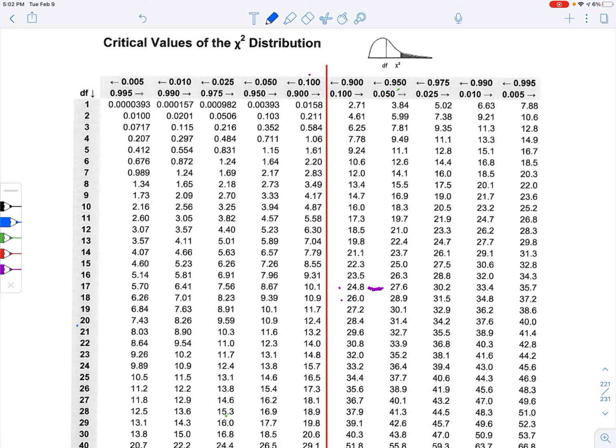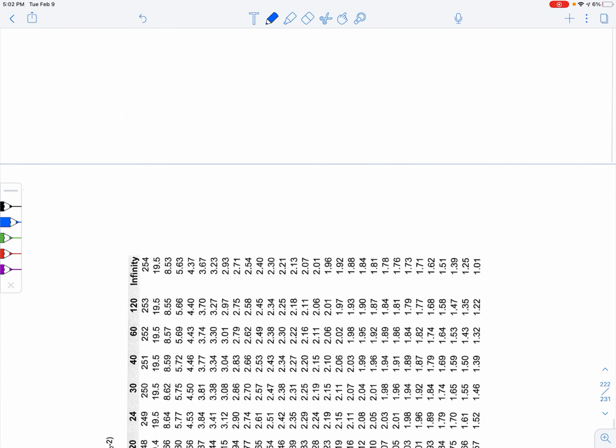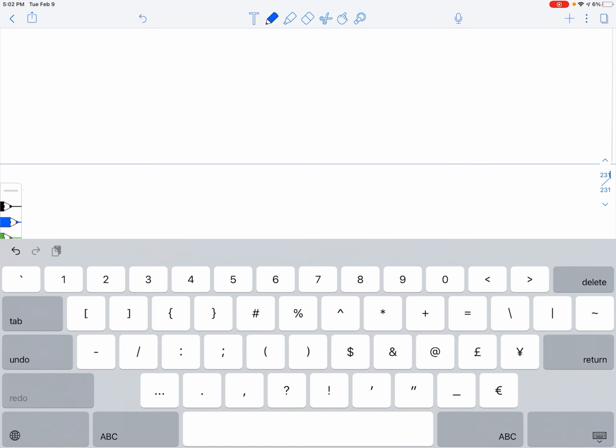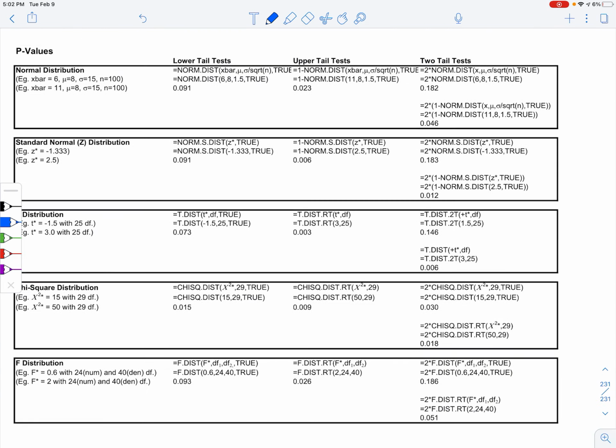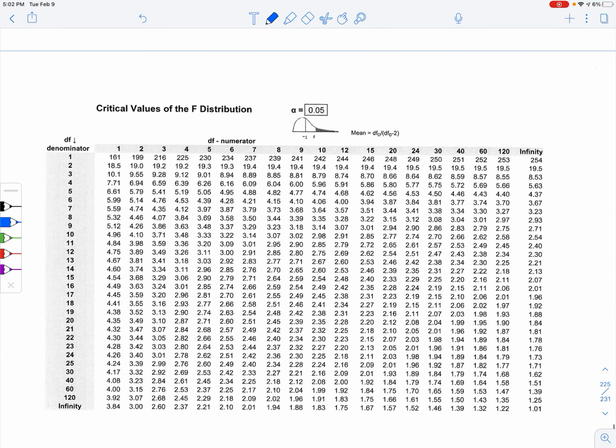What we've got there is just one set of degrees of freedom. And when we're talking about the F table, which is down here, where I've rotated the page, you've got degrees of freedom for the numerator and degrees of freedom for the denominator. So there are all sorts of combinations here.